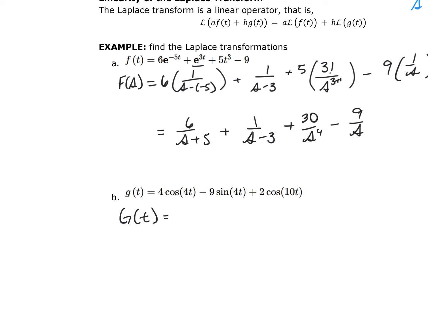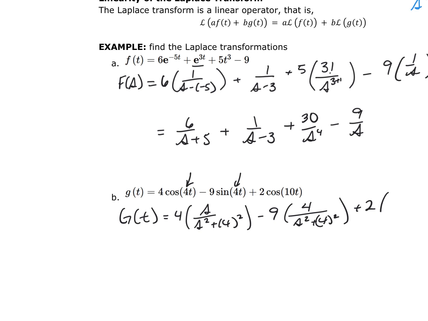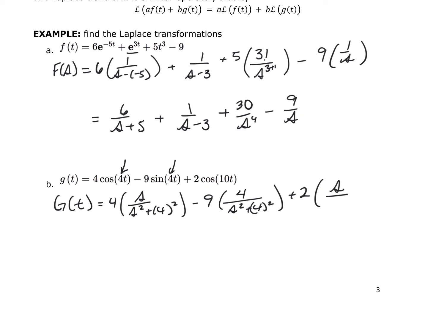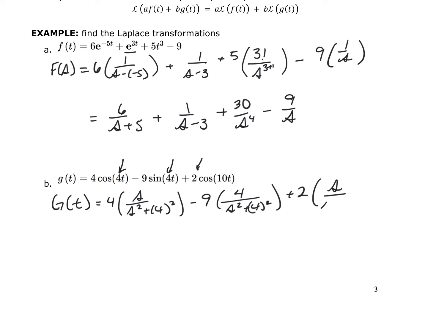Well, we know this is the cosine of 4t. So this is going to be 4 as a multiplier. Cosine was s over s squared plus that 4 squared, minus 9 multiplied by my 4, which is coming from right here, over s squared plus 4 squared, plus 2 multiplied by s, 2 is coming from here, over s squared plus 10 squared.